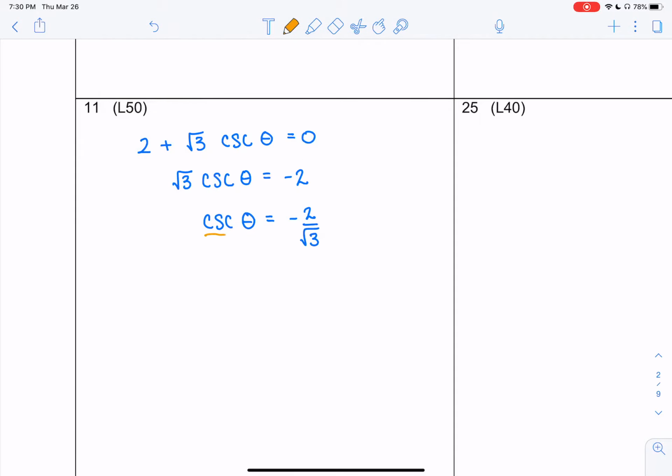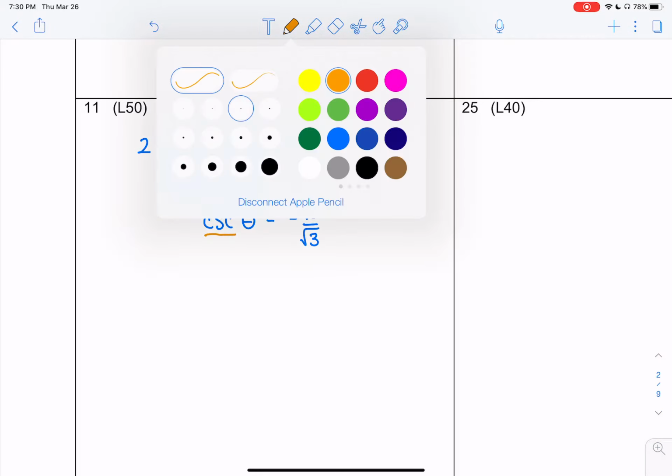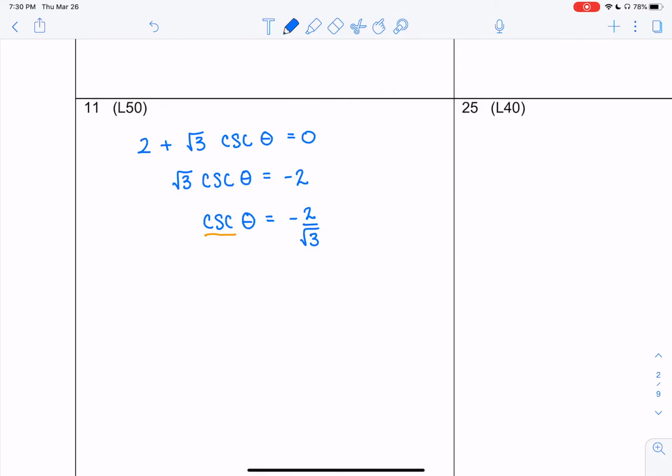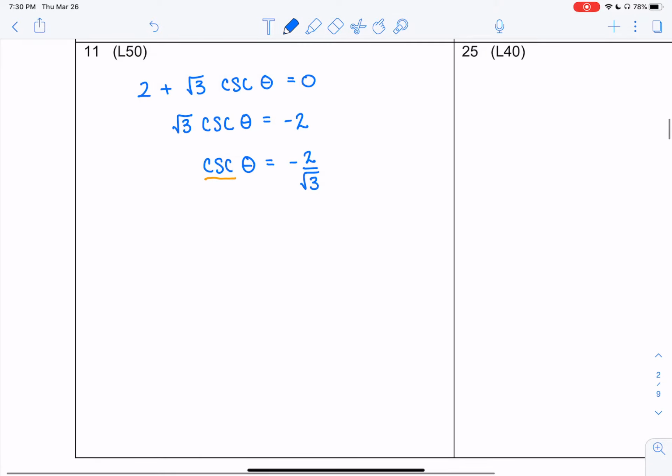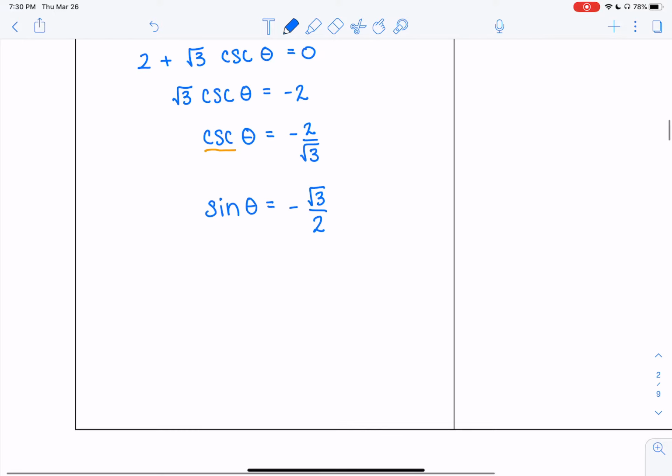You should recognize that cosecant is a reciprocal function for sine. So let me rewrite this as sine theta and then flip my fraction. The negative still stays out front, but my fraction flips to square root 3 over 2. Then you need to consult your unit circle and find when sine is negative.